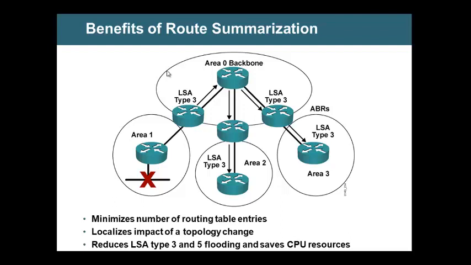To reduce type 5 LSAs, you need to do ASBR summarization because type 5 comes from ASBR. Type 3 comes from ABR. We know these things.